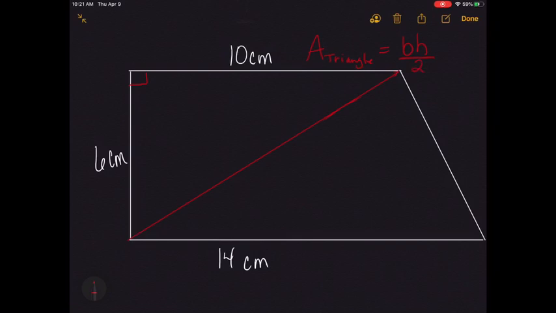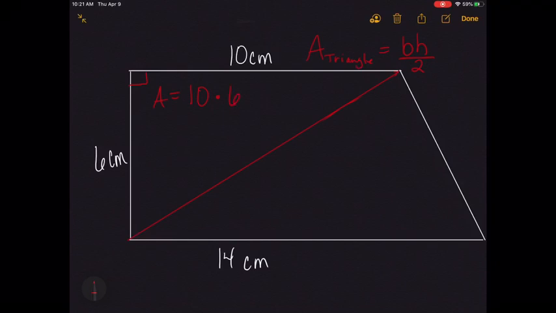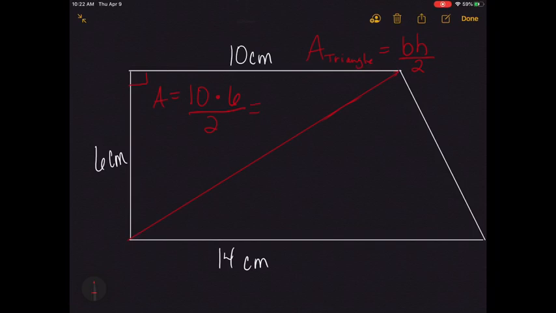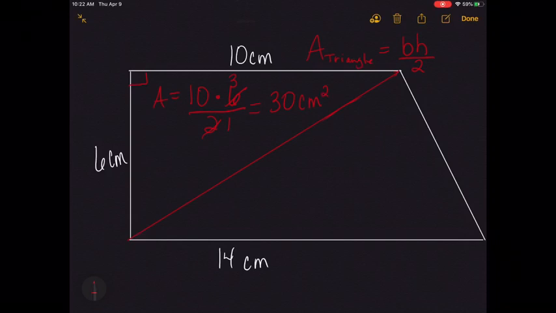All right, so for this triangle here, our base is 10 and our height is 6, and we can divide that by 2. So we could divide first if we want. The 2 becomes a 1, the 6 becomes a 3, and our area is 30 square centimeters.